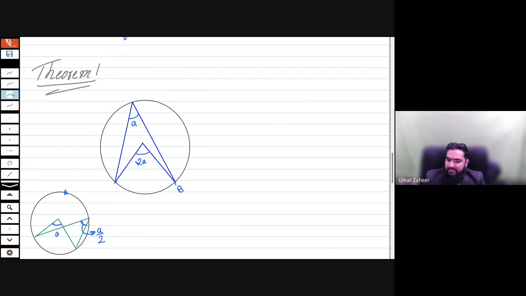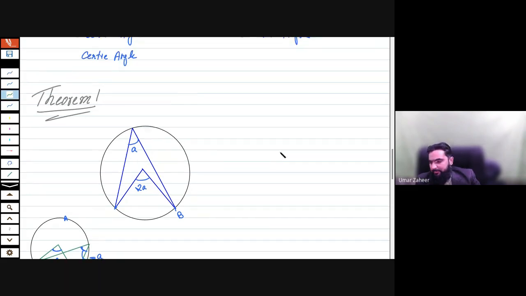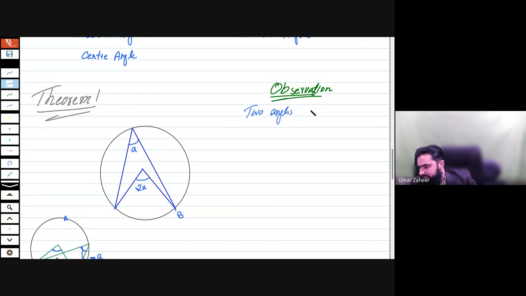All right, now I'm going to write some observations and conclusions from there. That is going to be helpful when you do the questions. So the observations: two angles are being subtended by the same arc.